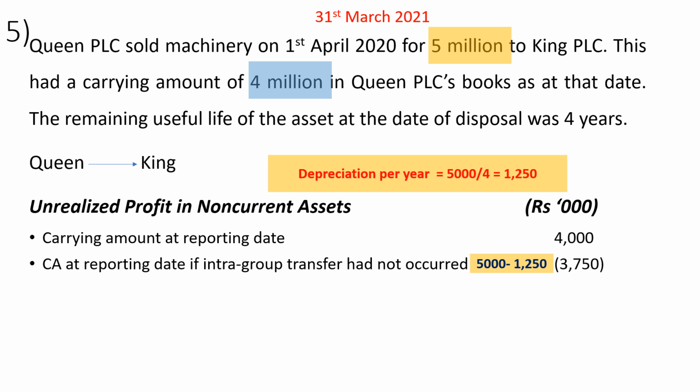Therefore, the value would be 3,750. Now, the unrealized profit in this transaction is just 250. That is the difference between the carrying amount at the reporting date and the carrying amount if the transaction had not occurred.